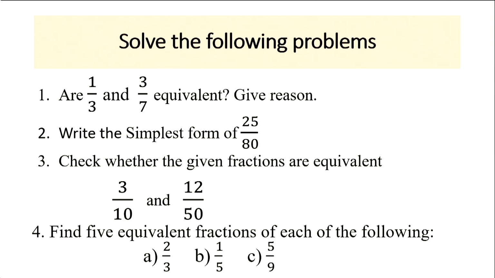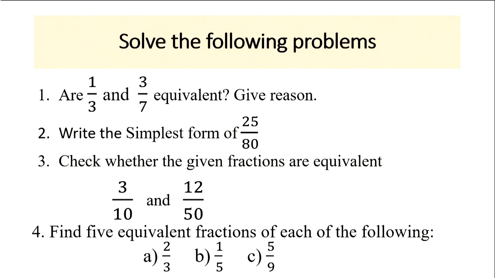And the next question is, find 5 equivalent fractions of each of the following: 2 by 3, 1 by 5 and 5 by 9. I am repeating the questions again. Are 1 by 3 and 3 by 7 equivalent? Give reason. Second question: write the simplest form of 25 by 80.